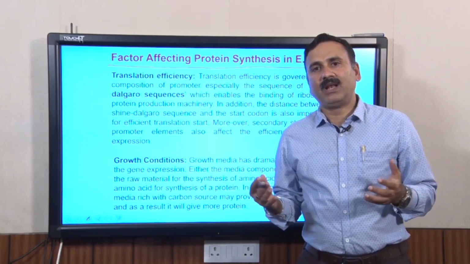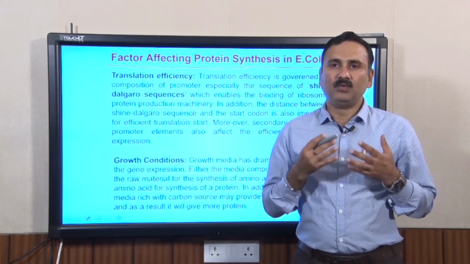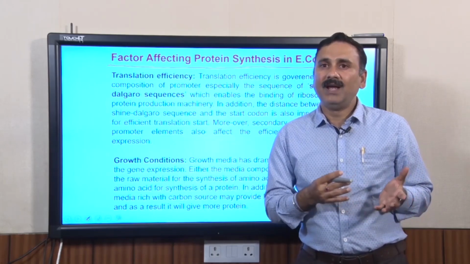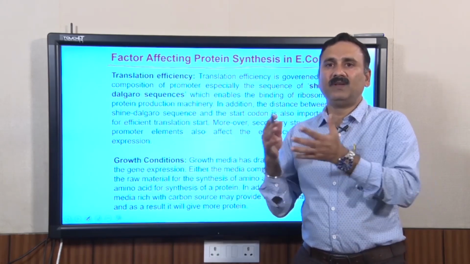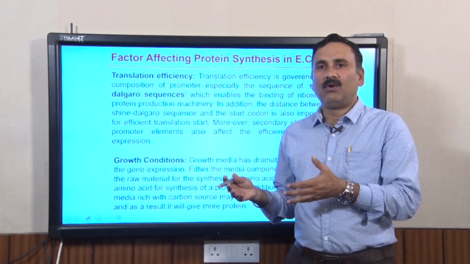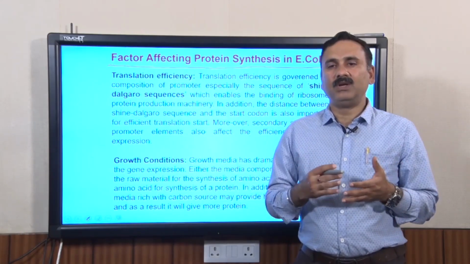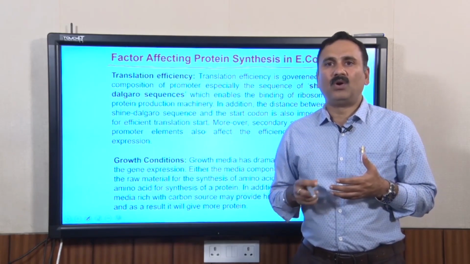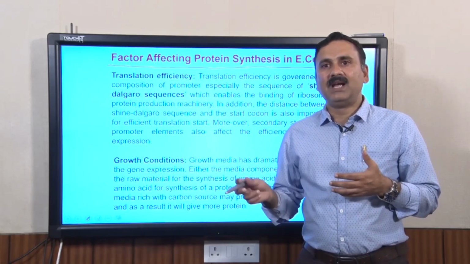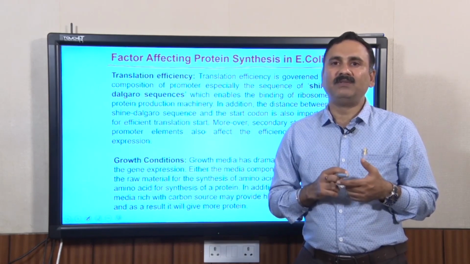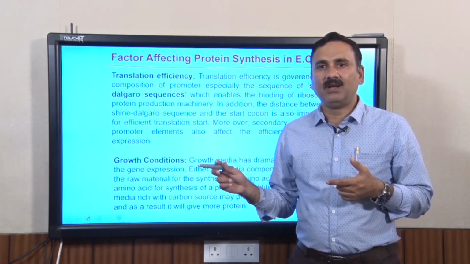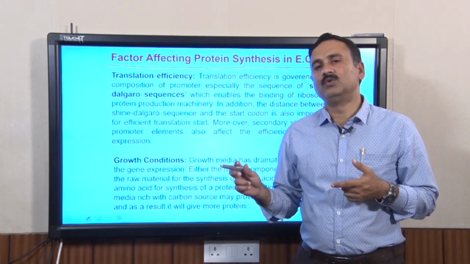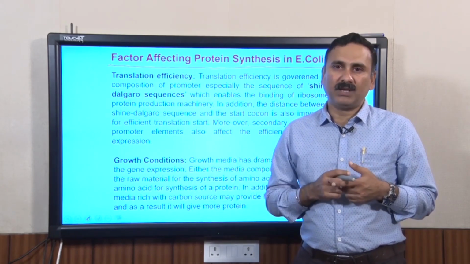If you have a very strong promoter, the strong promoter is going to facilitate the easy binding of the RNA polymerase, and that is how it is going to facilitate more turnover number of the transcription events, and as a result you are going to have a high level of RNA in the RNA pool, and subsequently you are going to generate more amount of protein.